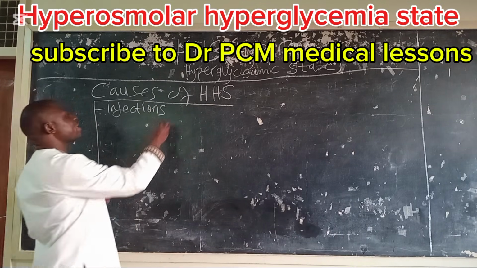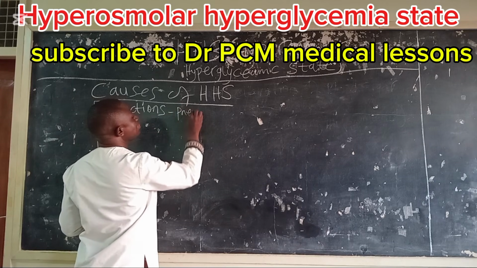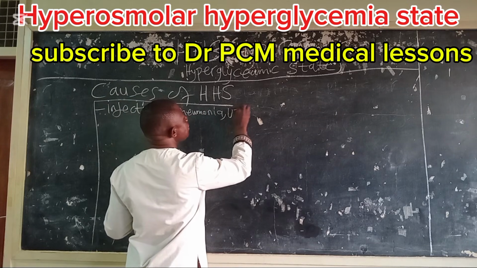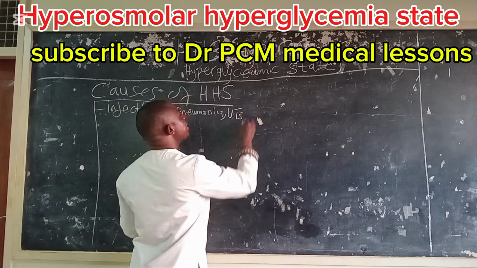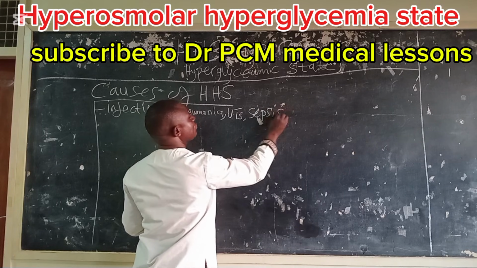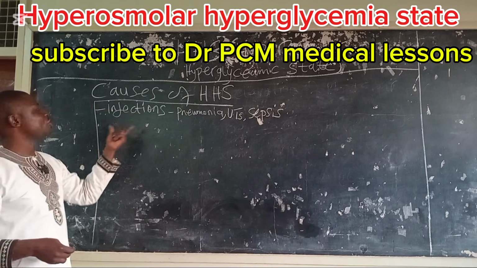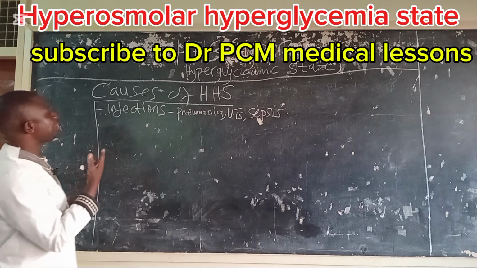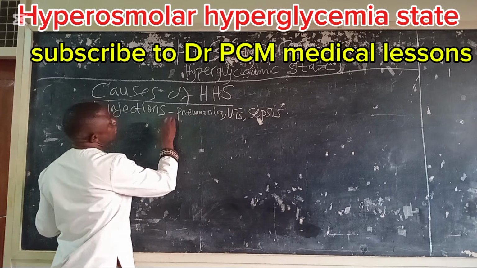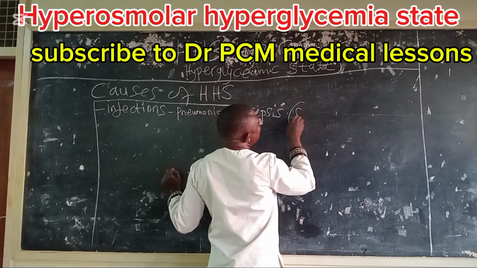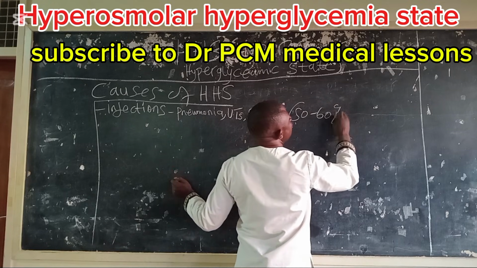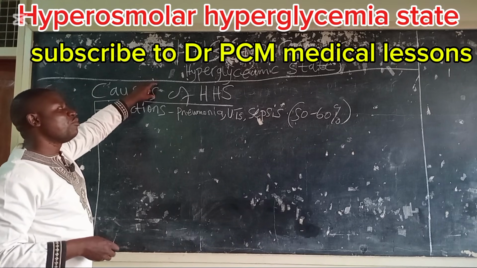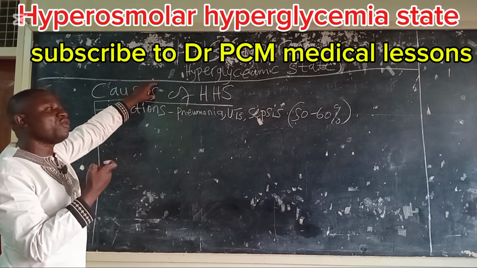You can get infections like pneumonia, even UTIs, or sepsis, and so on. So infection can trigger the HHS condition. According to research, about 50 to 60% of people who get this complication get it because of infections.